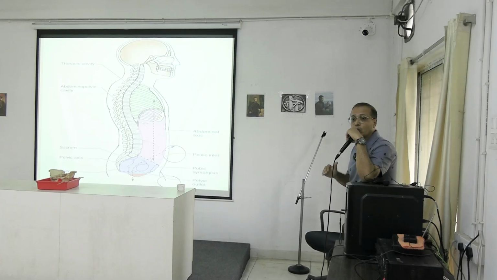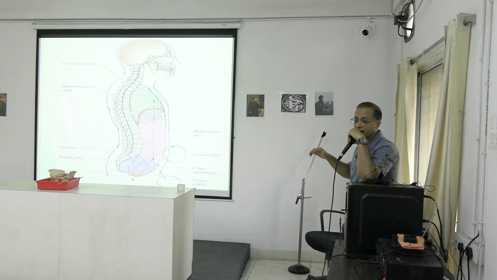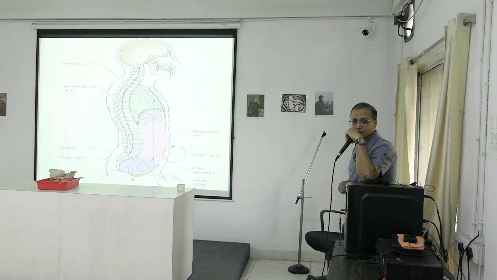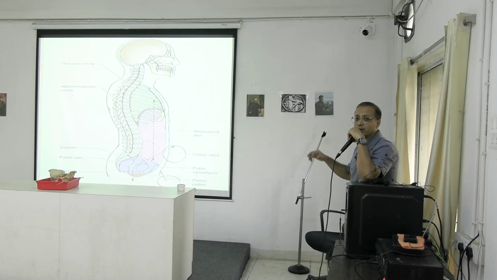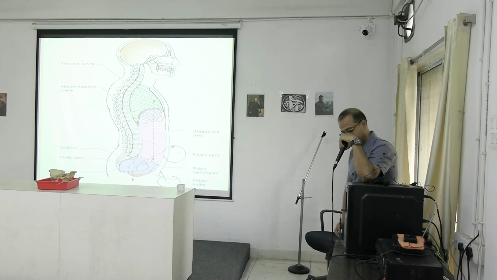Then the lower end of the pelvic cavity proper is lined by a partition we call the pelvic diaphragm. We have to learn about the pelvic diaphragm, which separates the pelvic cavity from the space we call the perineum.